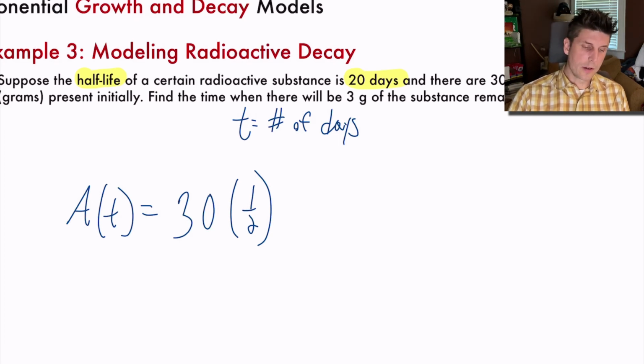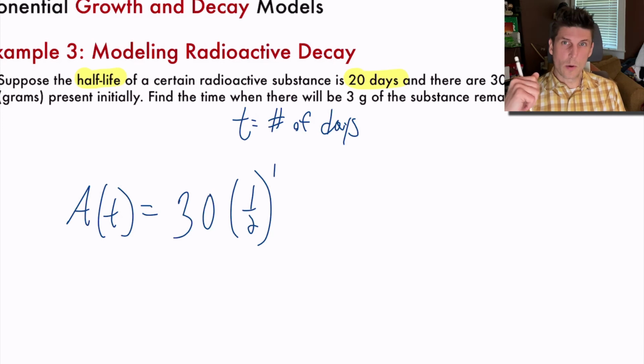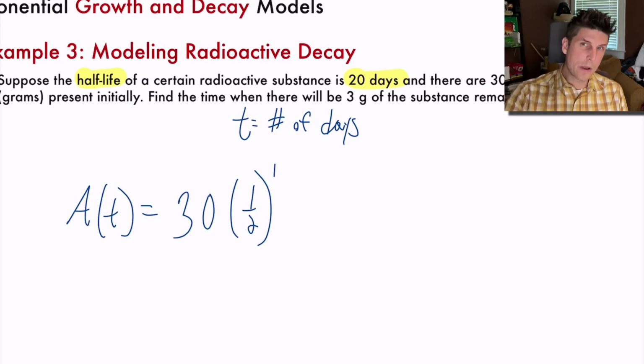Now we want this to be a 1, but t can't be 1, because if I let t equal 1 here, that means that after 1 day I have half the amount. I need after 20 days to have half the amount, right?